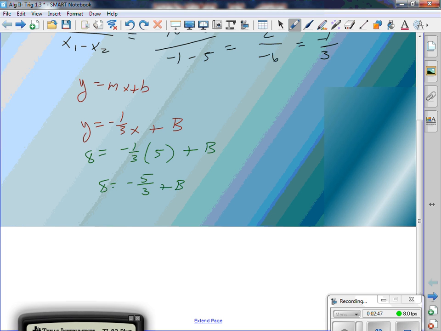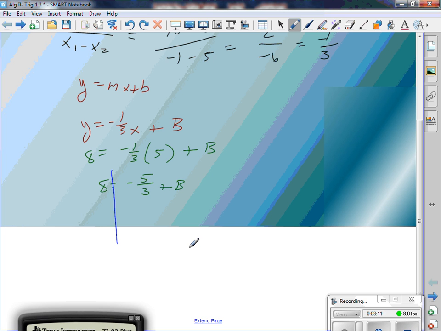Algebraically, what is my next step? All right, going back to Algebra 1. Here's your equals. It's like a big giant wall.